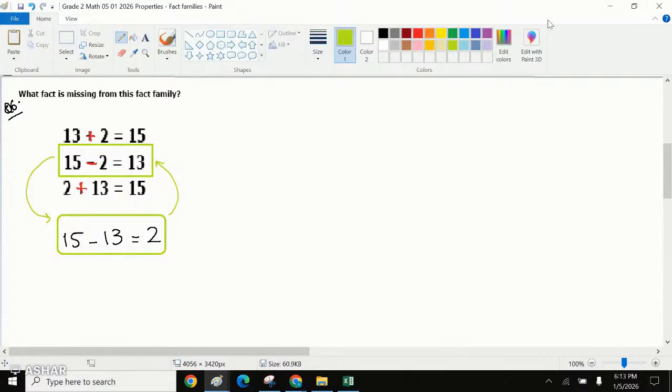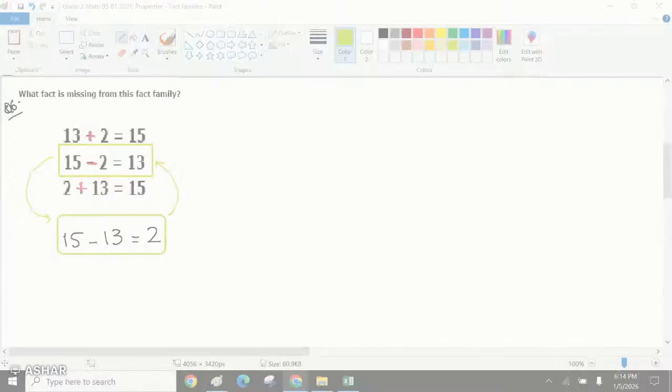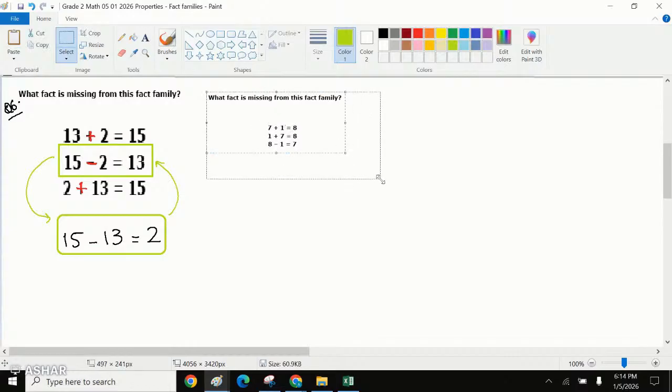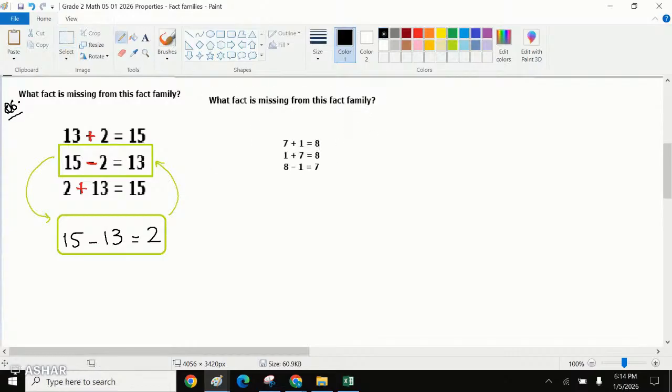Okay. Let's look at the next question we have. What fact is missing in the family? This is question number 7 for us. And it says 7 plus 1 is equals to 8.